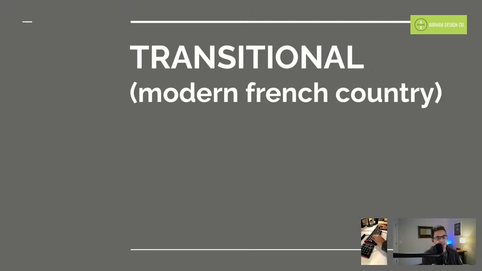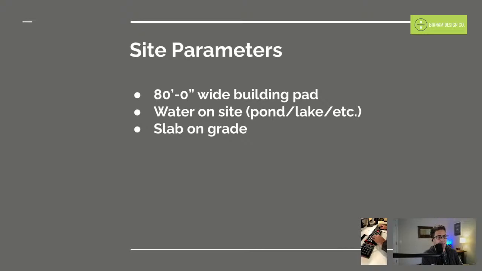Let's talk about some site parameters. We're going to build it at around 80 feet wide for the building pad. This will be a bigger custom home, so a lot of these have acreage and bigger sites that you can work with to develop plans like this.